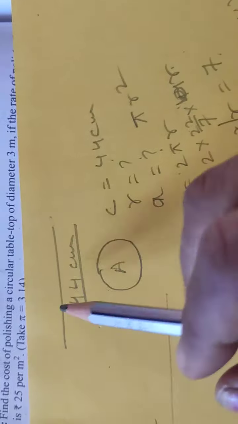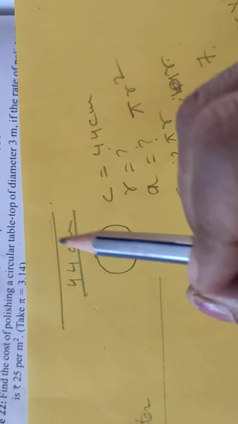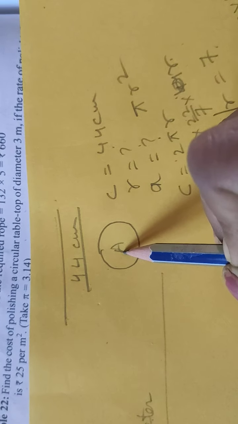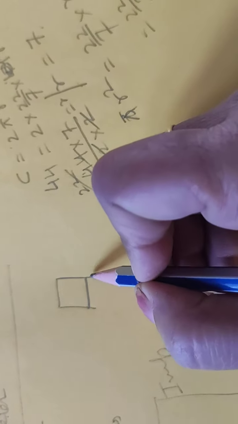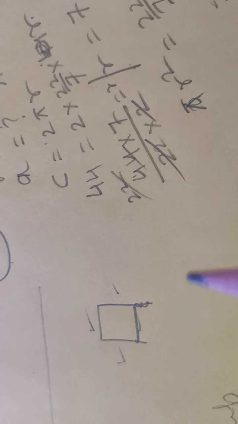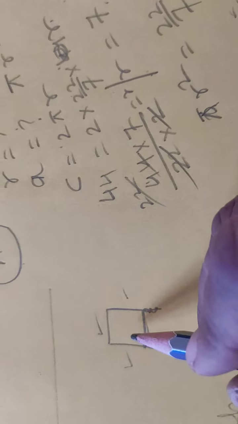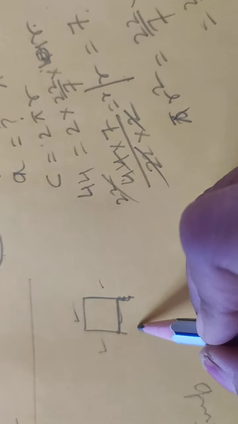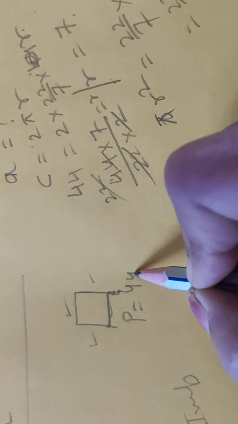Now what they are telling, with the same wire, if this girl, instead of making a circle, made a square figure, then what will be the length of each side? We know that the length of each side of a square is the same. So now this 44 centimeter is the perimeter of the square, so the perimeter is equal to 44.